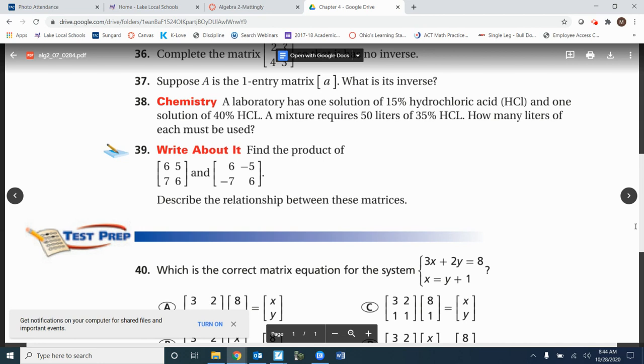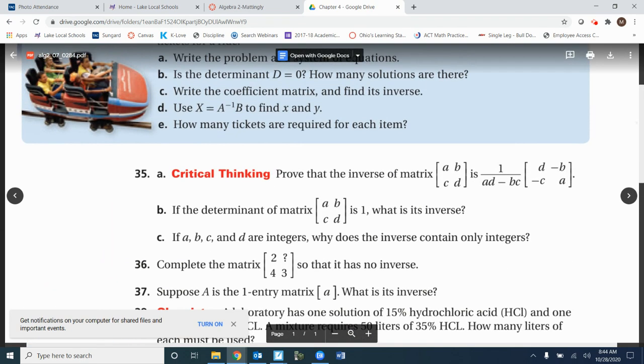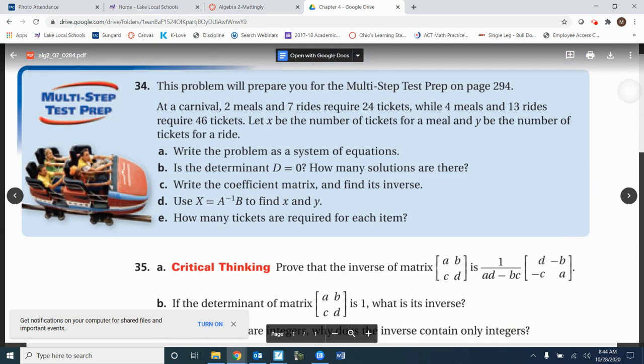Oh, this is a tougher one. We could do it. No. Let's do 34. There it is, okay. Good old 5-step problem. All right, so this problem will prepare you for multi-step test prep.